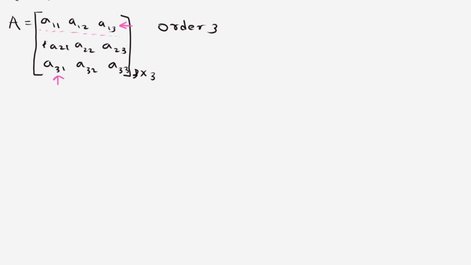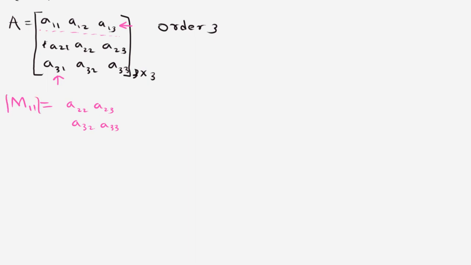The resulting minor we represent as M11, and this minor will have A22, A23, A32, A33. Normally we represent this minor as a determinant.